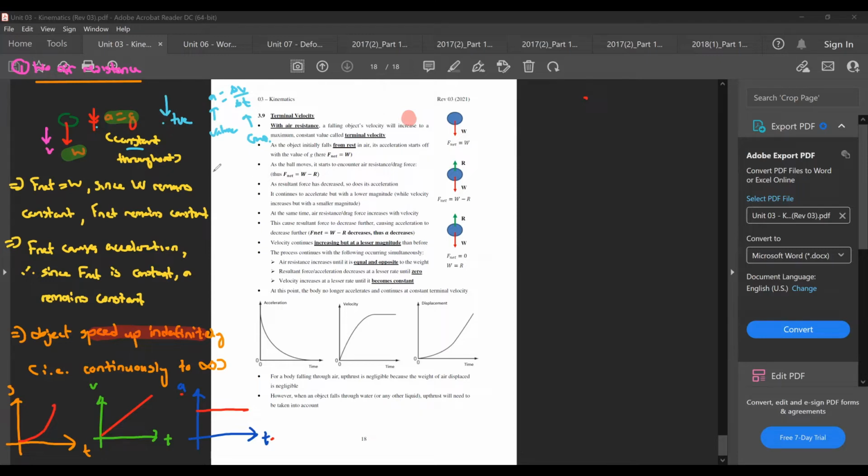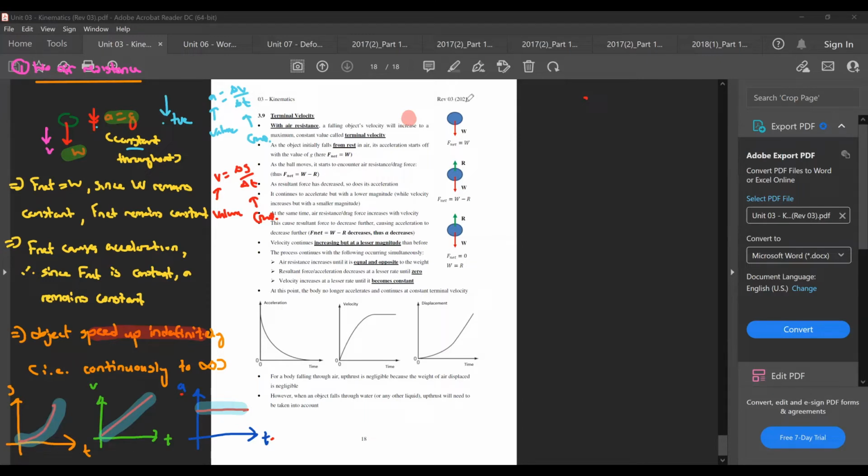For the displacement time graph, I know this is because V is equal to the rate of change of displacement, where the value of V is equal to the gradient of my s-t graph. So this graph is for an object falling without air resistance. The graphs that you draw here are quite similar to what you drew in the previous examples. This is what you're seeing for an object that drops without air resistance.